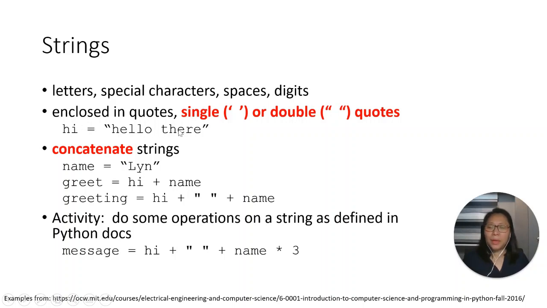And we concatenate strings in Python using the plus symbol here. So here we concatenate the value that is bound to the variable name hi and the name. This concatenation is like putting these values together.